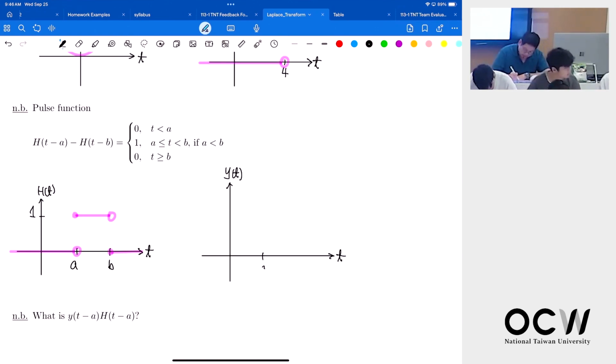Here's still A and B. It'll be 0, and after B there will also be 0.